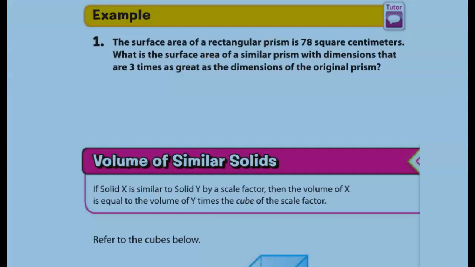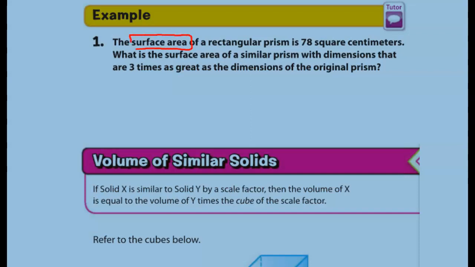So problem number 1 here, the surface area of a rectangular prism is 78 square centimeters. What is the surface area of a similar prism with dimensions that are 3 times as great as the dimensions of the original? So we're dealing with the surface area here, you guys.